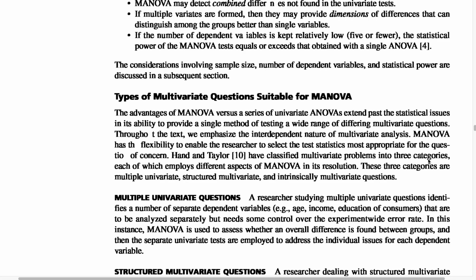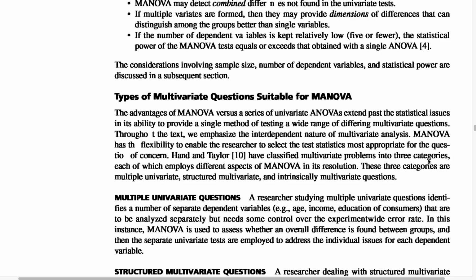Let's talk about types of multivariate questions suitable for MANOVA. The advantage of MANOVA versus a series of univariate ANOVAs extends past the statistical issues to its ability to provide a single method of testing a wide range of different multivariate questions. Throughout the text, we emphasize the interdependent nature of multivariate analysis.